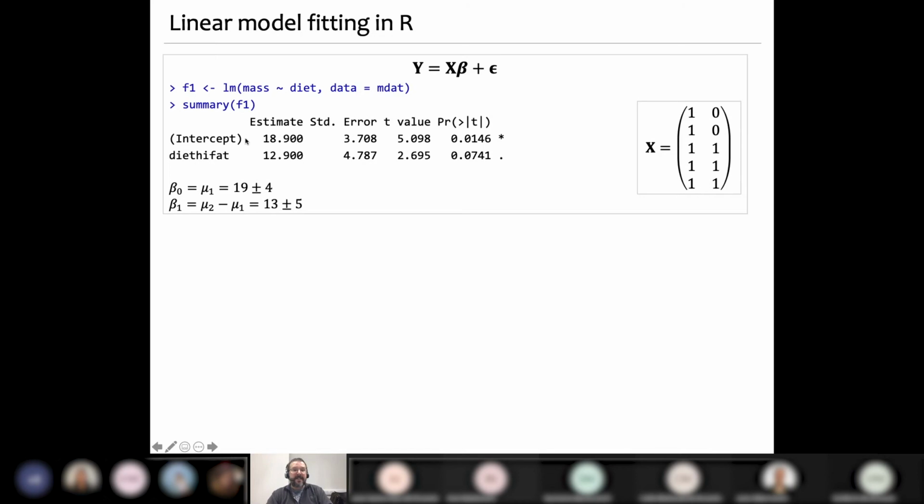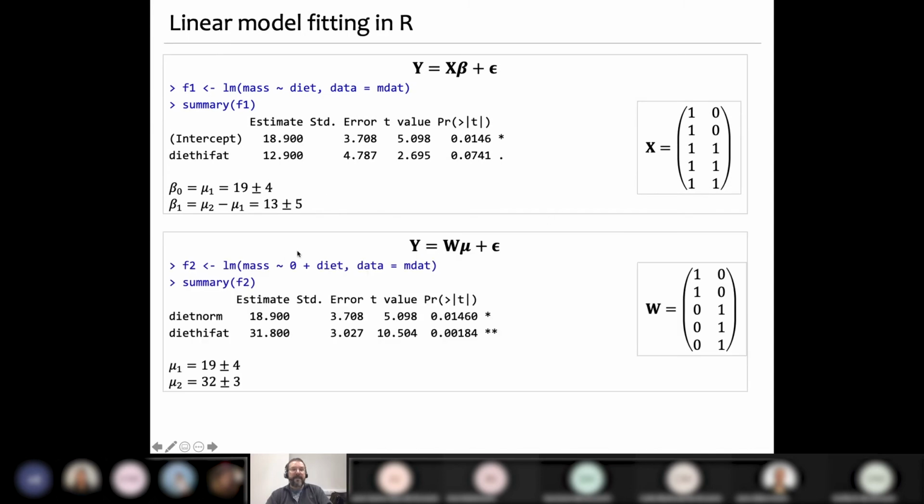Specifically, you find the intercept and the coefficient diet high fat, the values, and the standard error. That means that the intercept is about 19 plus minus 4, rounding this properly, and the diet high fat, which is our contrast beta 1, the difference between the two groups, is 13 plus minus 5.